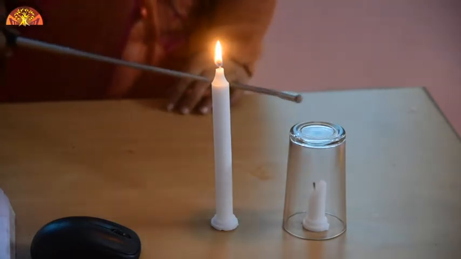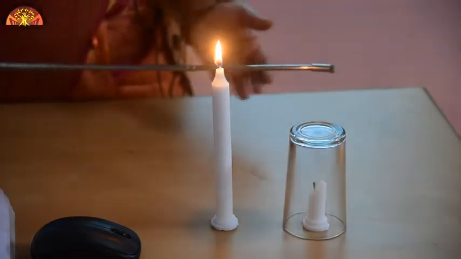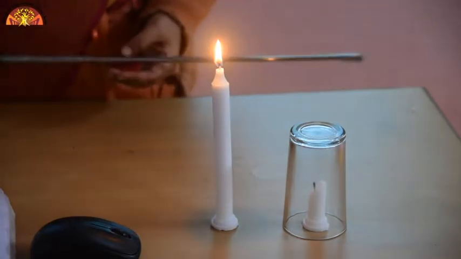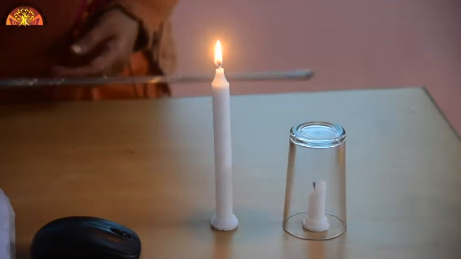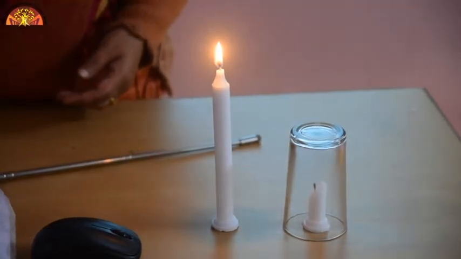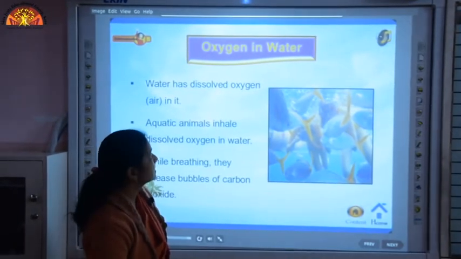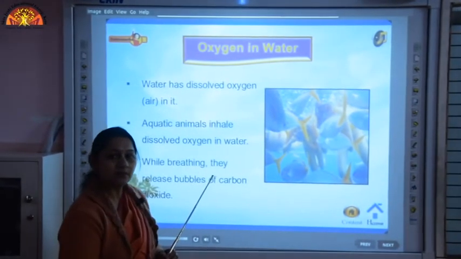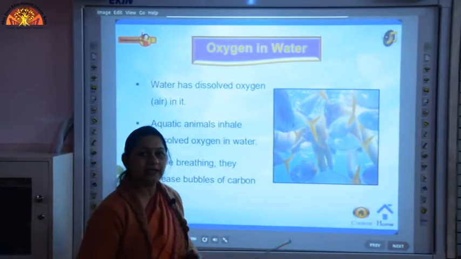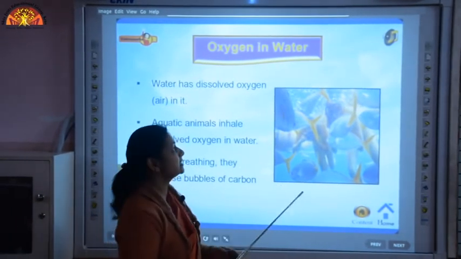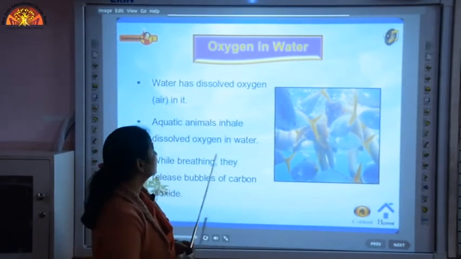So, this simple activity, you can perform it at home, children, and this shows that oxygen is required for burning. Now, children, coming to our next topic: oxygen is also present in water, not only in the air. It is present in water in the dissolved state.